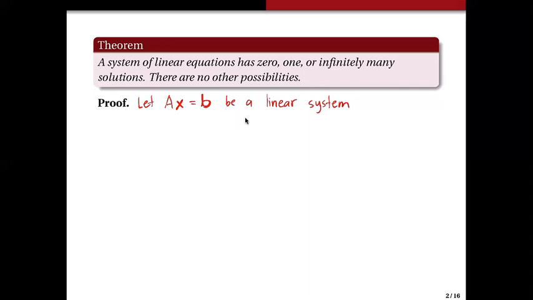So let Ax equals b be a linear system, and suppose we have two solutions, x sub 0 and x sub 1. Suppose these two are solutions of that system.